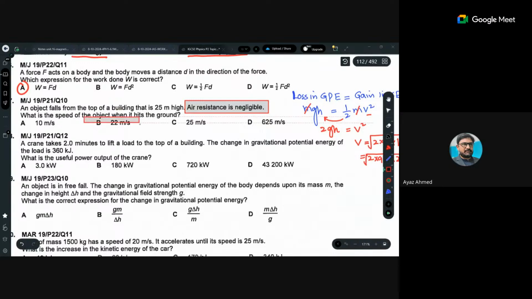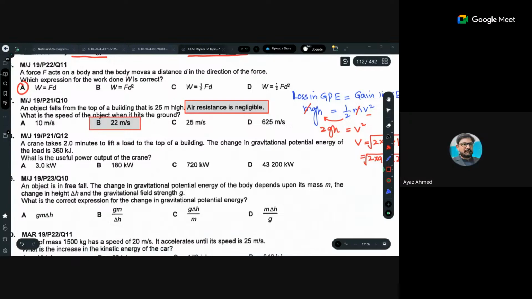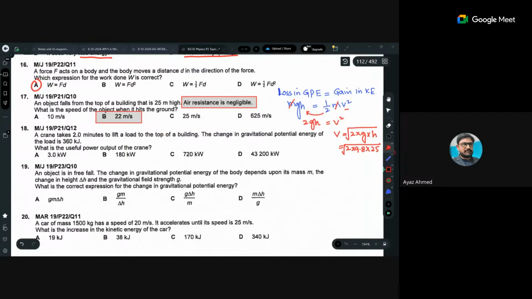Okay, got it. These types of questions are some tough questions. So I believe that now it will be very clear to you. It is 22.1, so that's why I selected that option.